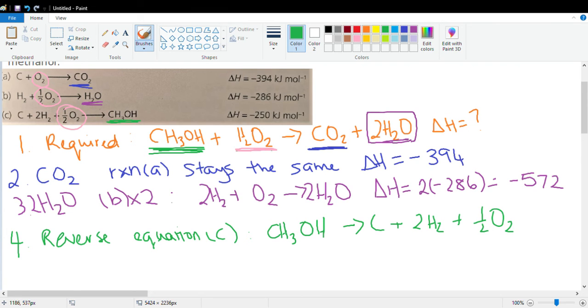And because we have flipped the equation around, we're going to change the sign on the heat of formation. So it's going to be plus 250 now.